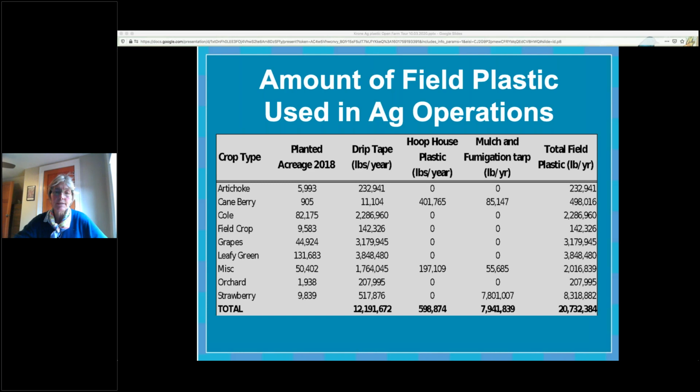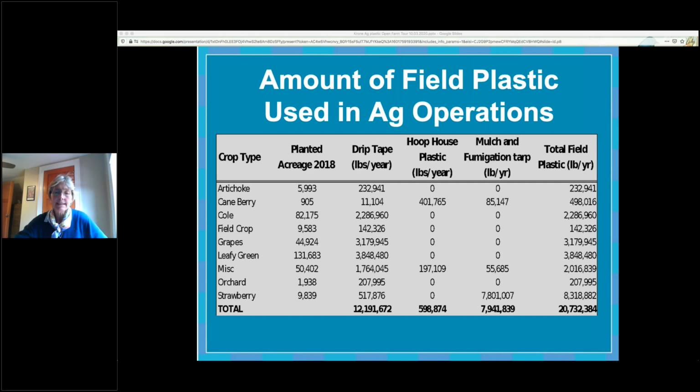And you can see there that drip irrigation tape is used almost universally. It's used in so many different kinds of crops. And so over 12 million pounds per year of drip tape is used in Monterey County. Second was film, which is the plastic mulch and the fumigation tarp. And that's used primarily in strawberry production, but it is used in caneberries and peppers and some other kinds of crops too.